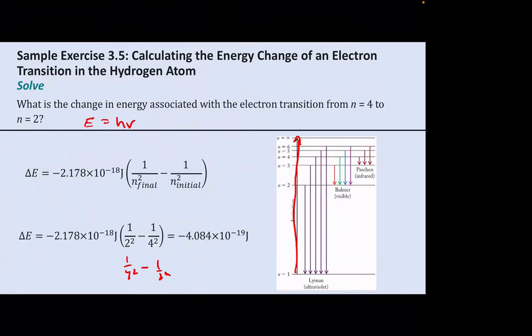So it just becomes 4.084 times 10 to the minus 19 joules is equal to 6.62, I'll just say, times 10 to the minus 34, I believe it is, joule seconds, times nu. So if we divide that energy by Planck's constant, we'll get our frequency.